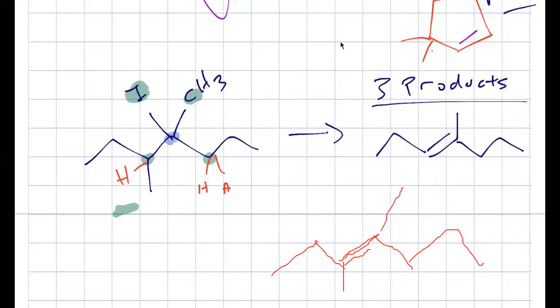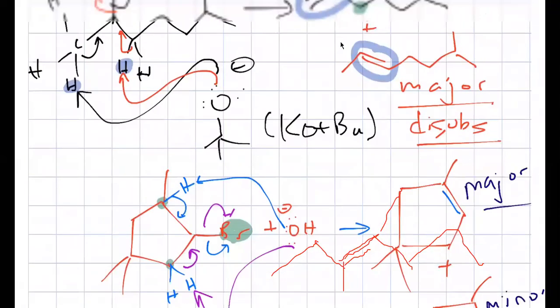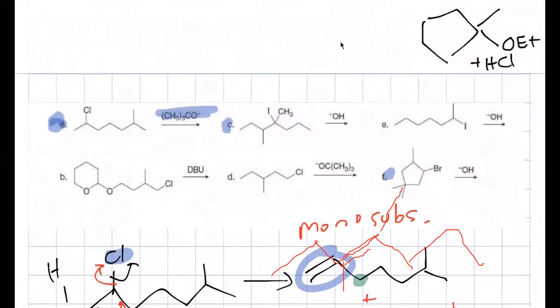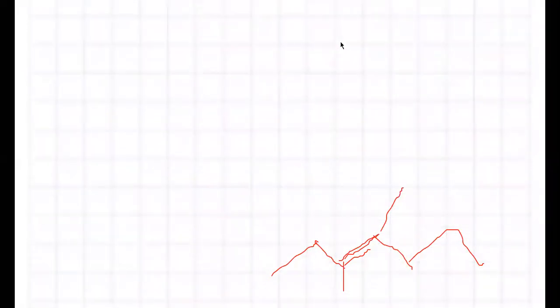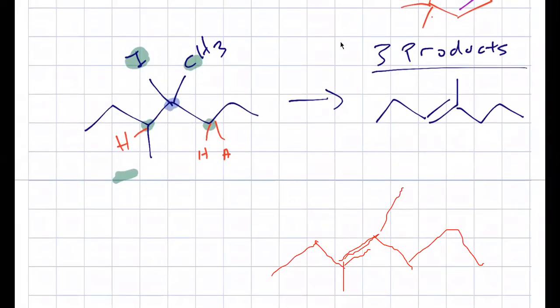What's the base? I didn't write the base down. It's just OH minus. We're going to say KOH. So that plus water and KI, right?